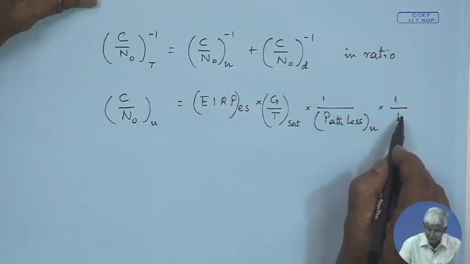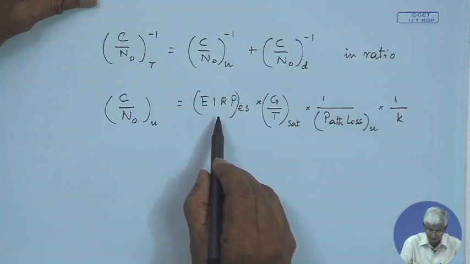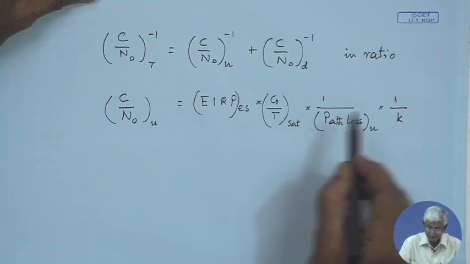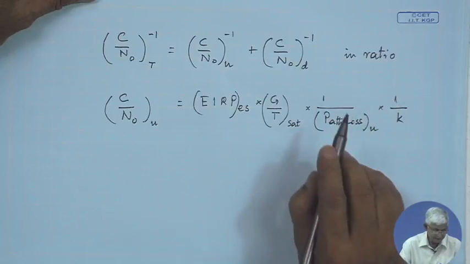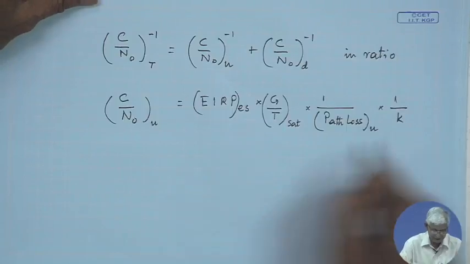This is in ratio. When we put it in dB, the log version of this multiplication will become plus and inverse will become minus. Just remember that; since I am writing in ratio, let us look at it in this form.